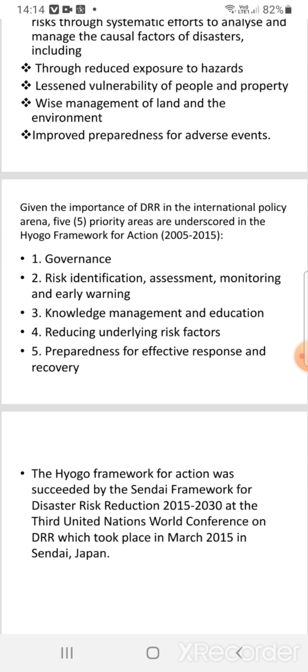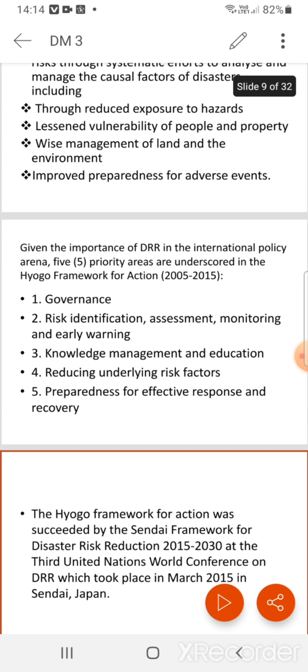Now it involves risk identification, assessment, monitoring, and early warning. Again, knowledge management and education. Now you people are getting education, you people are getting knowledge regarding disaster, disaster management and disaster risk management, all these things.